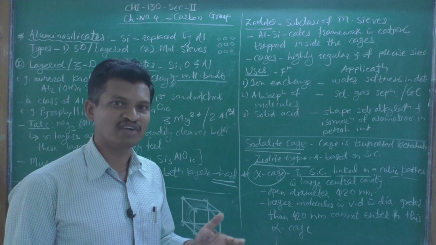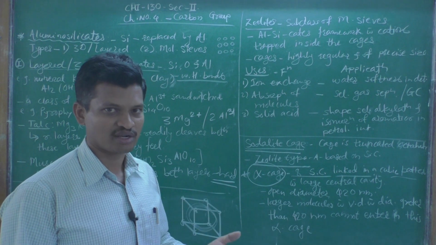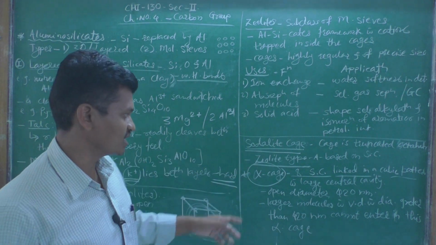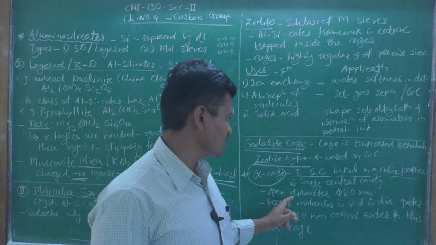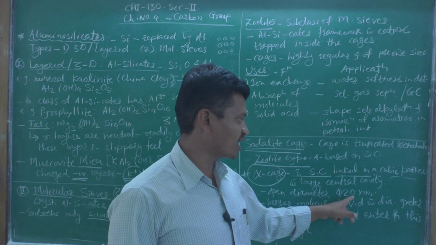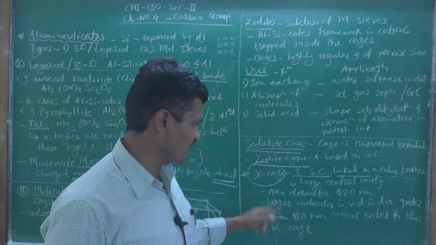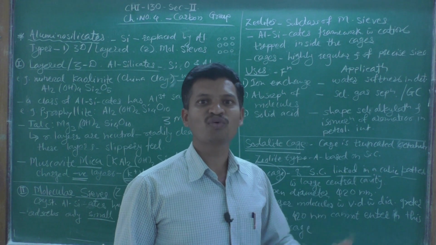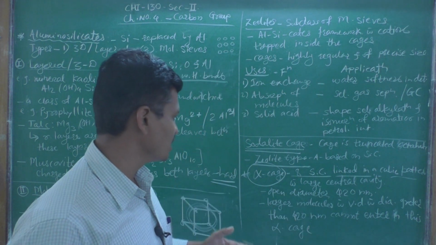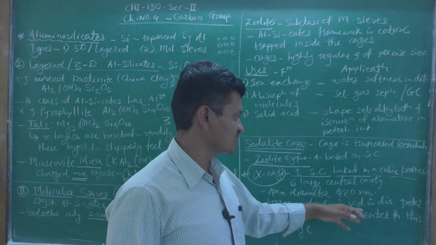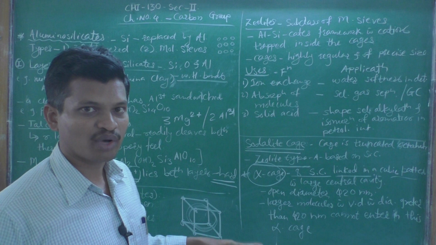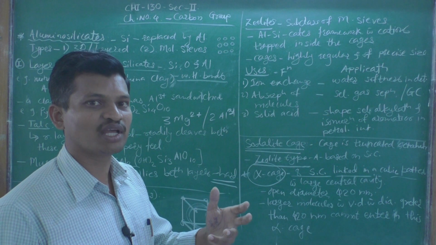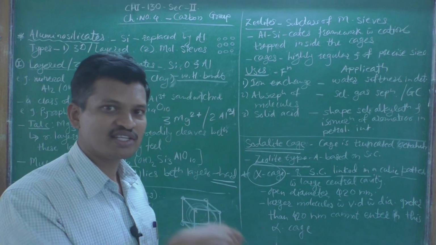A cage is nothing but a cavity, a hole or an aperture, an open space between the surrounding structure. The open diameter of this alpha cage is 420 nanometer, and hence larger molecules with van der Waals diameter greater than 420 nanometer cannot enter into this alpha cage.